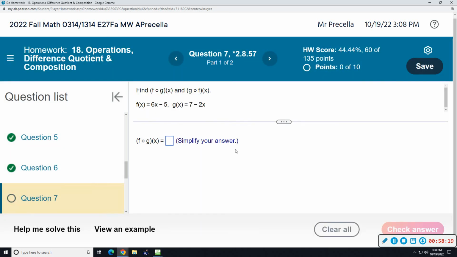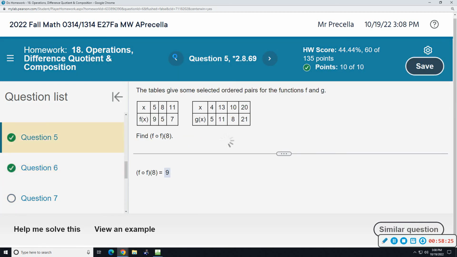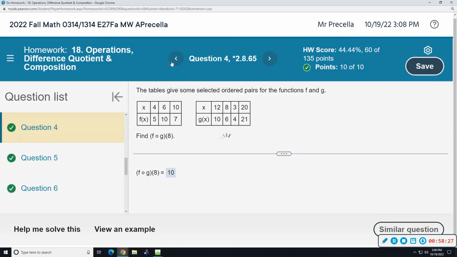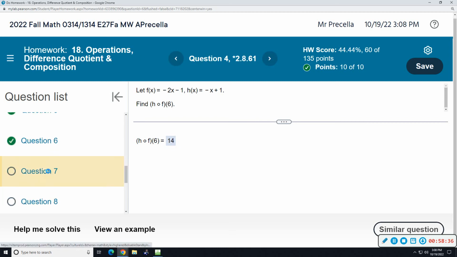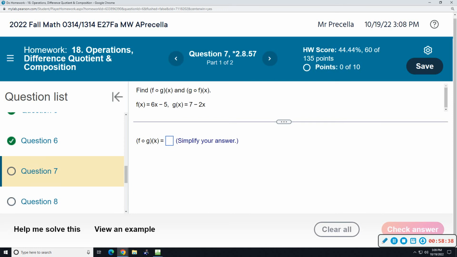Suppose we have a composition of two functions at a variable. Notice, a composition at a number gives you a final answer that's a number. But at number 7, we're finding a composition at a variable.